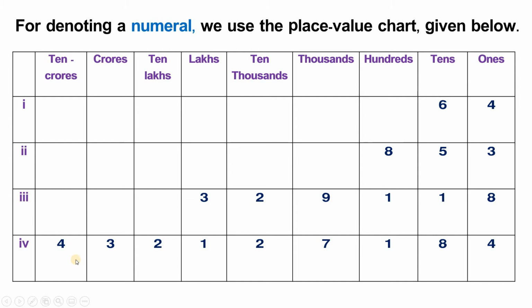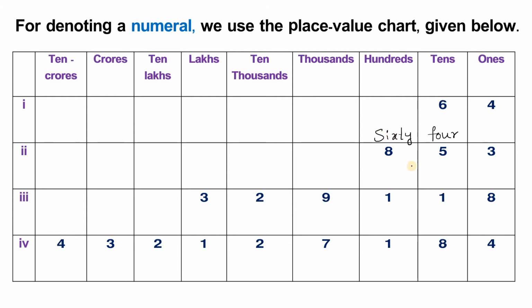Fourth one, 40 crores and 3 crores, that means 43 crores, 20 lakhs and 1 lakh, 21 lakhs, 20,000 and 7,000, 27,000, 100, 80, 4 ones. That means 43 crores, 21 lakhs, 27,184. Now we'll write these numbers in words, okay?